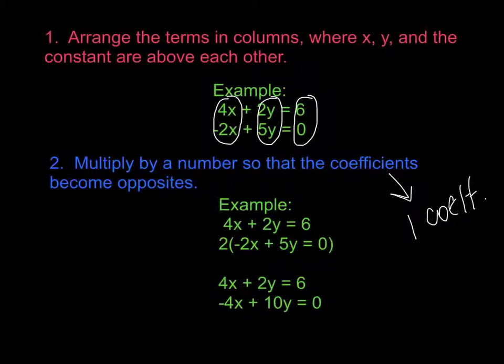So here I saw that 4x and negative 2x could be opposites if I multiplied negative 2x by 2. So I had to multiply the entire equation by 2, which left me with opposites, 4x and negative 4x.